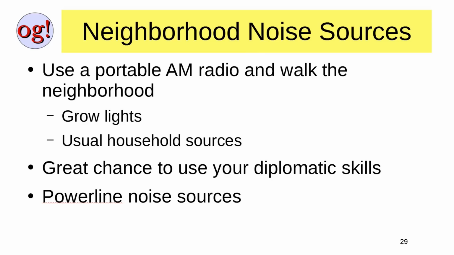And so this is a great chance to use your diplomatic skills to put some ferrite beads on those grow lights and so on. Technically they're responsible not to radiate, but in practicality, they're just going to thumb their noses at you if you try to force the issue. Okay, and of course look for power line noise sources while you're at it.